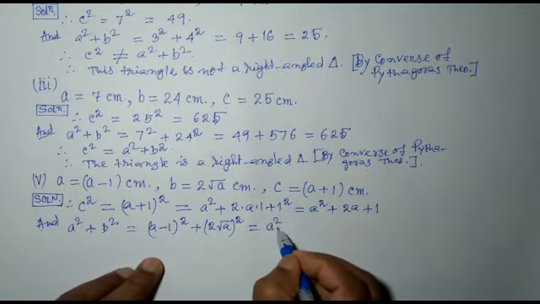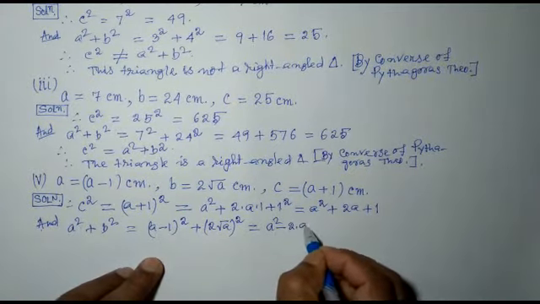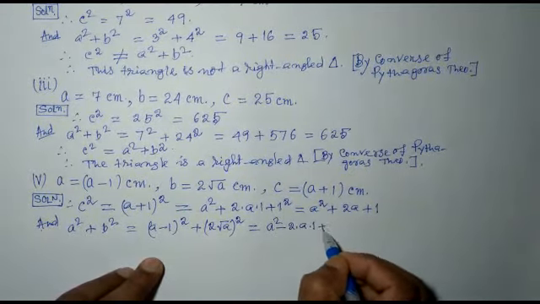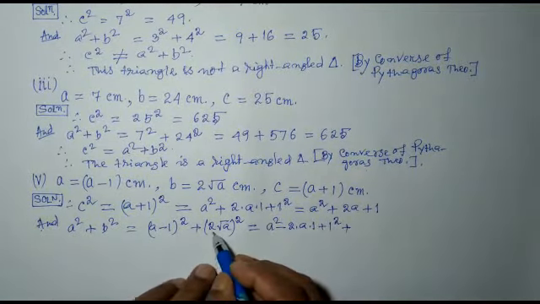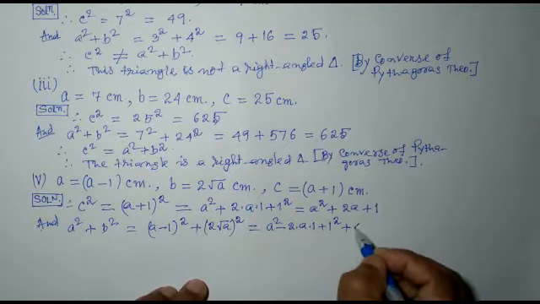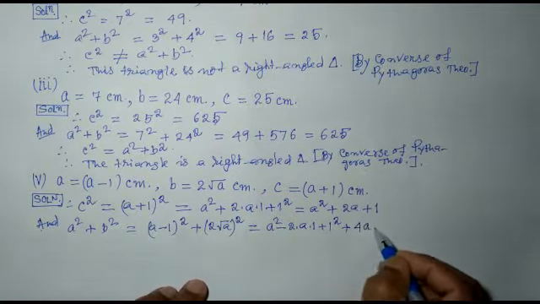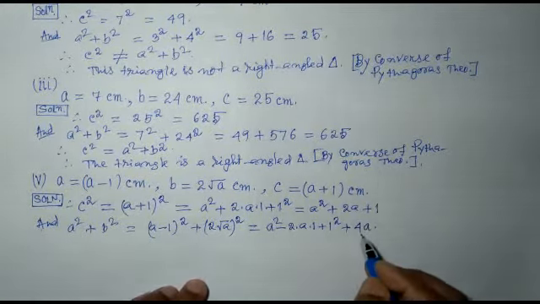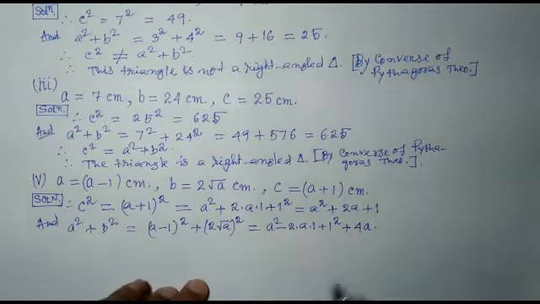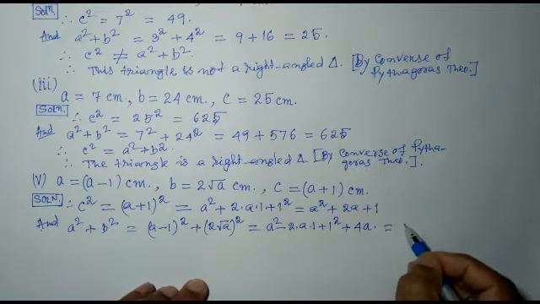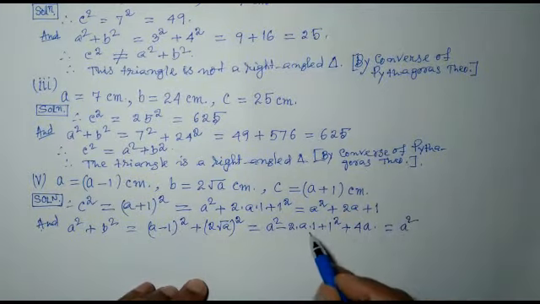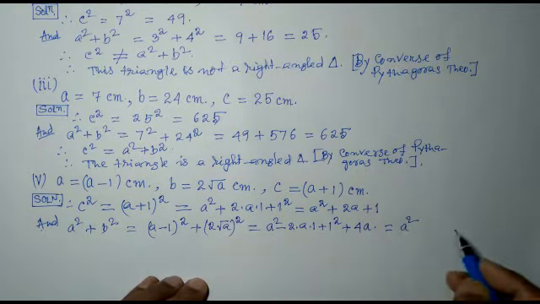It will be a square minus 2 into a into b plus b square, plus multiplying 2 square is 4 and root a square is a, so it is 4a. If we continue here, it is a square minus 2 into a into 1, which is minus 2a, and plus 4a.